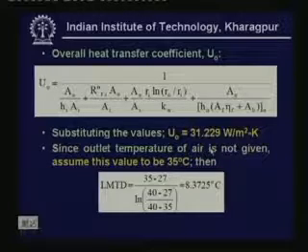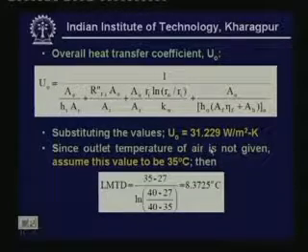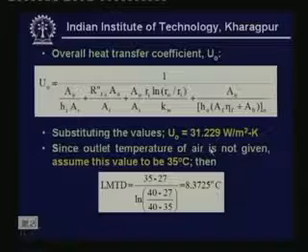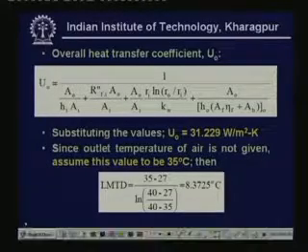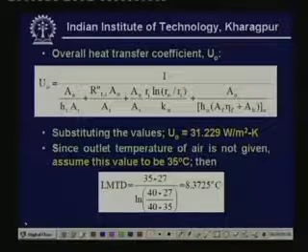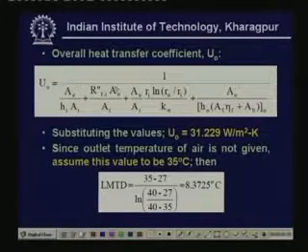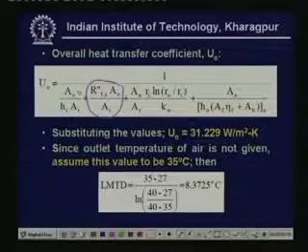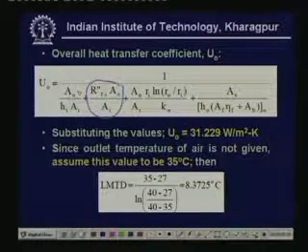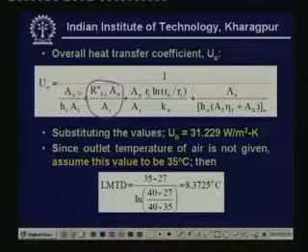Now the overall heat transfer coefficient for a plate fin type heat exchanger, the formula is like this. This formula was mentioned in the last class also. Here you have the fouling resistance on the refrigerant side, but you do not have any fouling resistance on the air side, that means outside fouling resistance is not there.